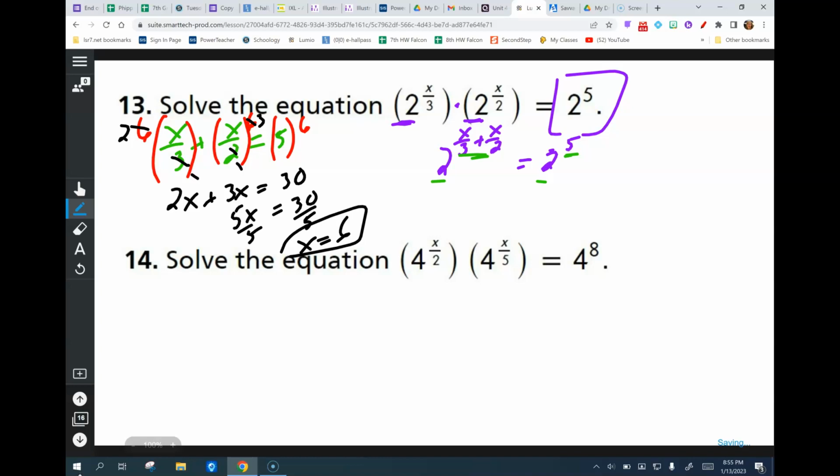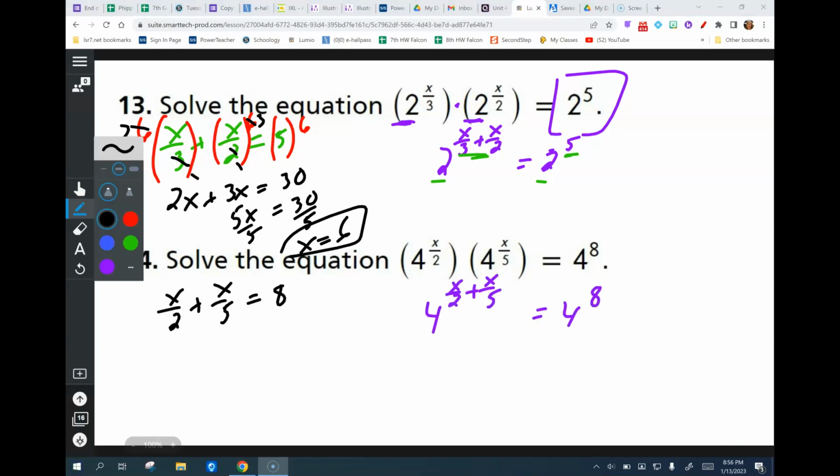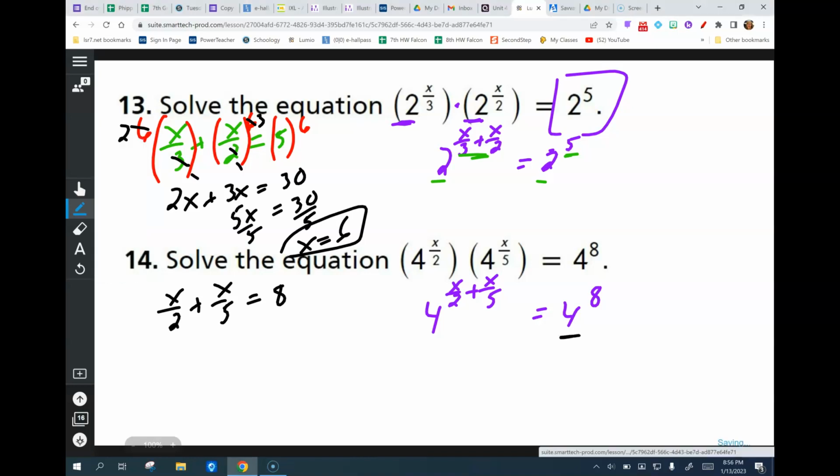Okay? I'd like you to try this next one on your own. Go. So far you have added the exponents, x/2 plus x/5. Now, because our bases are the same, we both have a 4, we can set our exponents equal. What would be a common denominator you might want to multiply through by here? Well, it's pretty much multiplying the 2 and the 5.